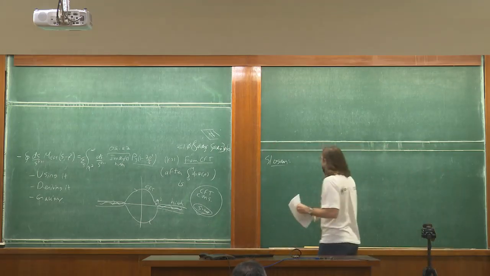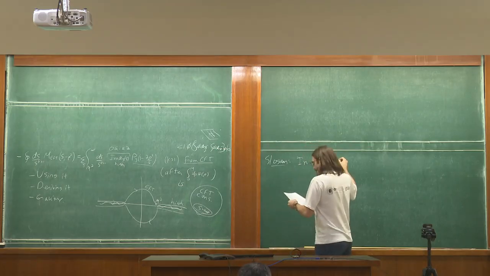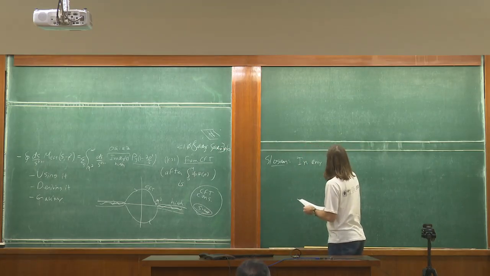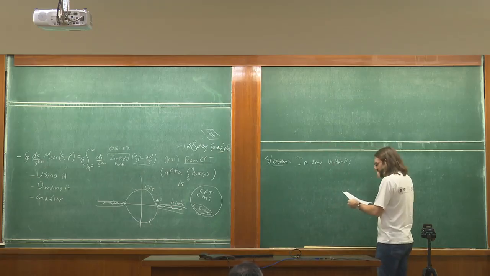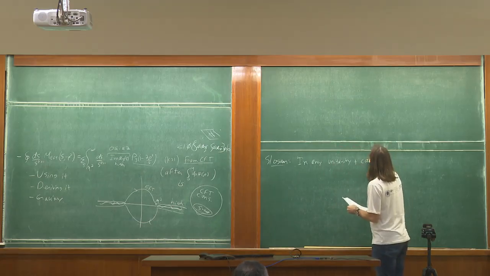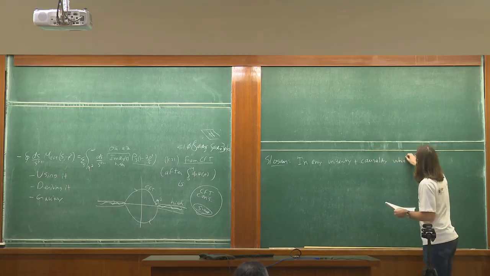The message will be that in any theory that preserves unitarity, so probabilities are positive, basic rules of quantum mechanics, plus causality in the sense that you cannot send signals faster than light, and has some light spin 2 particle.